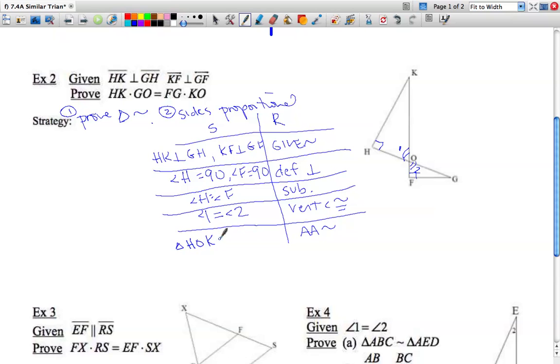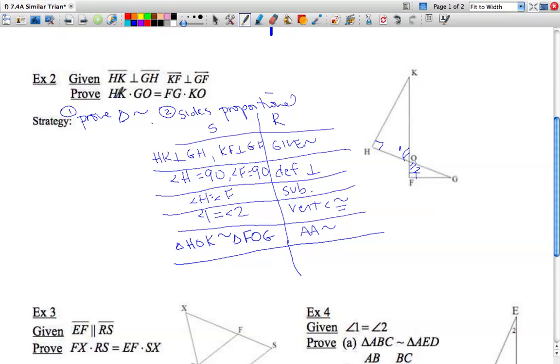And we have to make sure we match angle H up with angle F, angle O up with angle O, and angle G up with angle K. HOK, FOG. Okay.